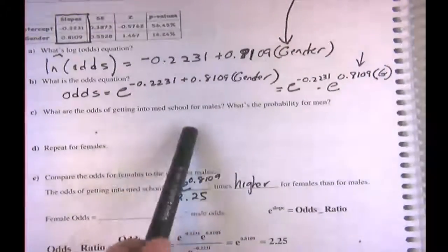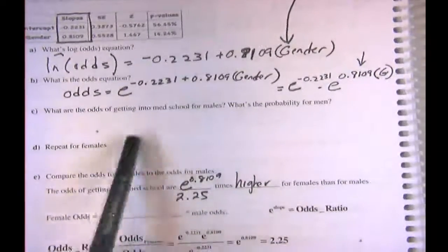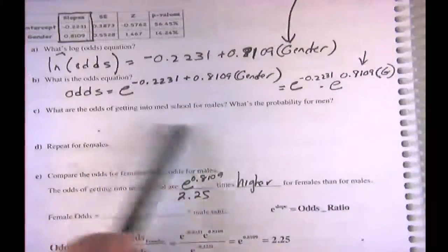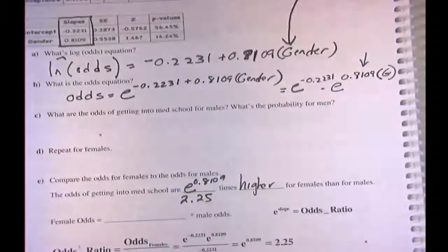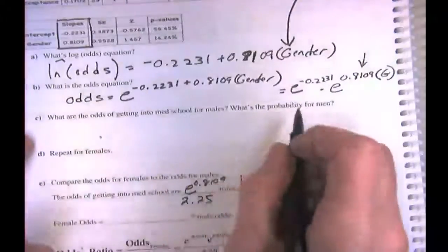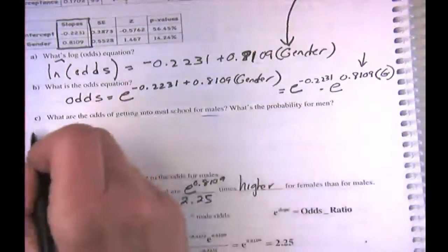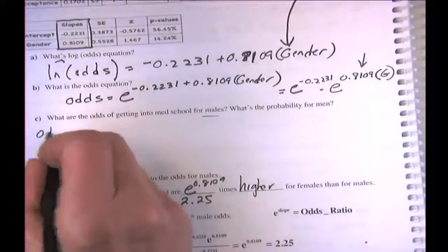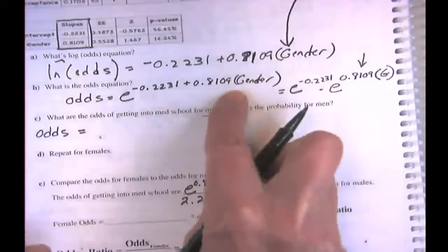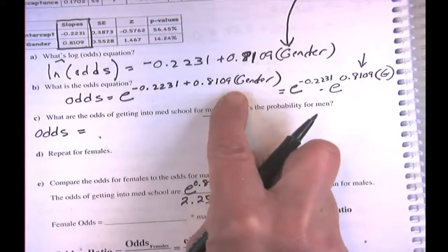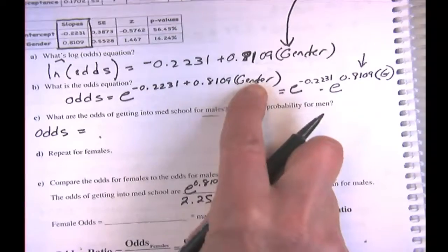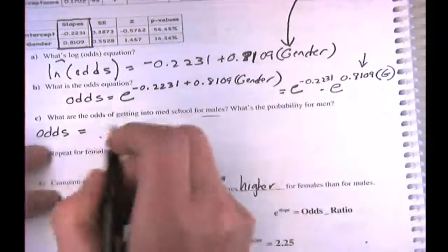All right, so what are the odds of getting into med school for males? Okay, so we're just going through the same steps, sorry if this seems very repetitive. So what are the odds for males? You're just going to put a 0 in here. Maybe it's easier to see it this way.